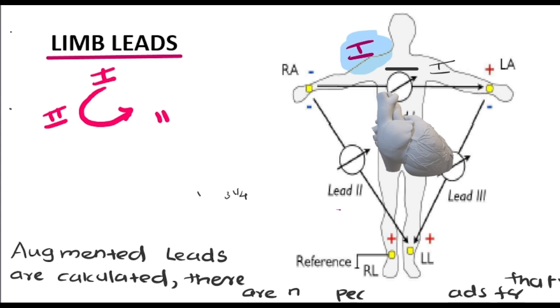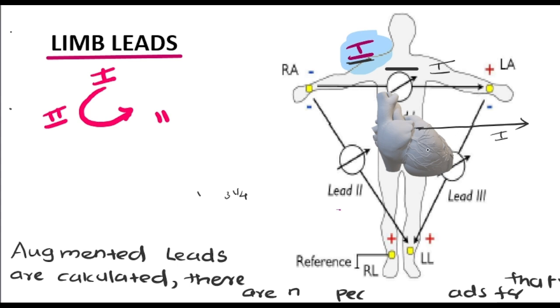Yes, now have a look. I told you in which direction is lead 1. Lead 1 is towards which direction? Yes, it's going towards left direction. So lead 1 like this, this is our heart, and lead 1 is going like this.